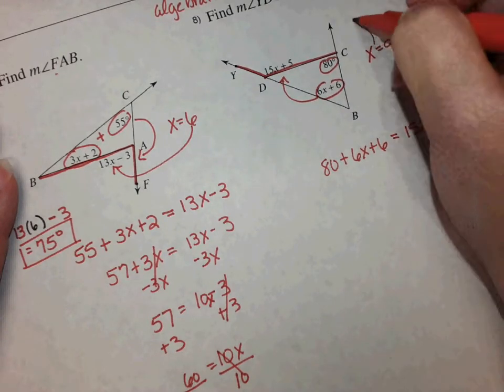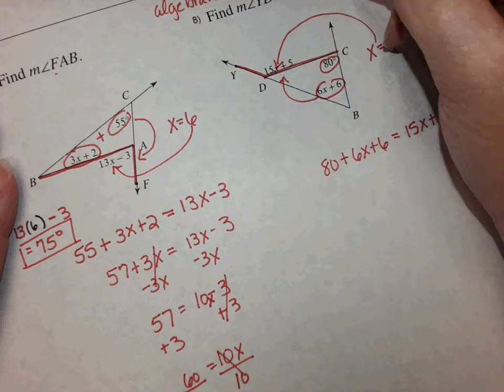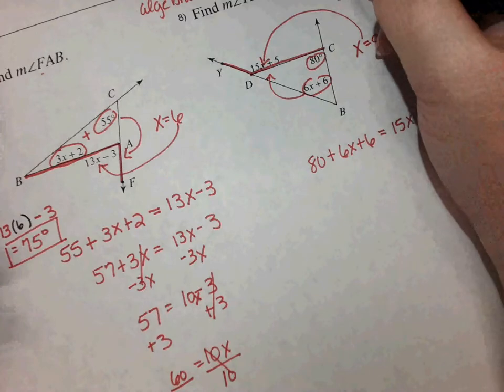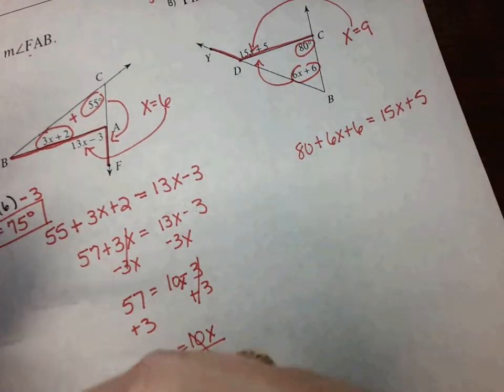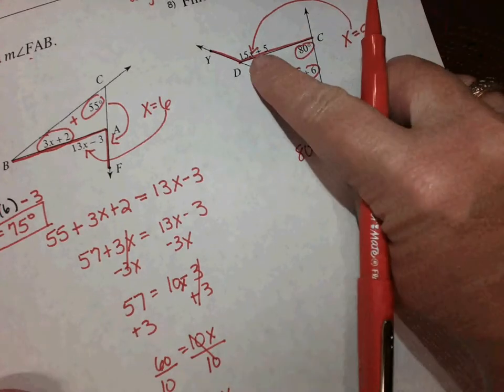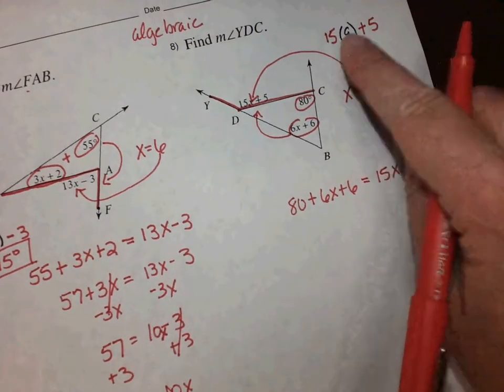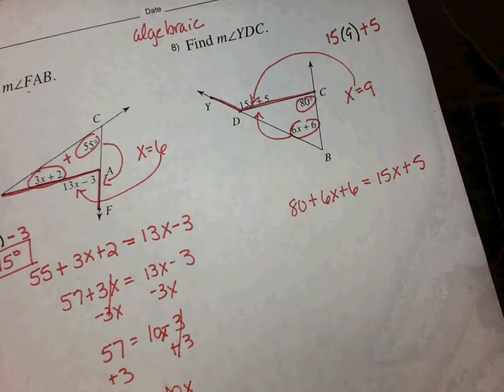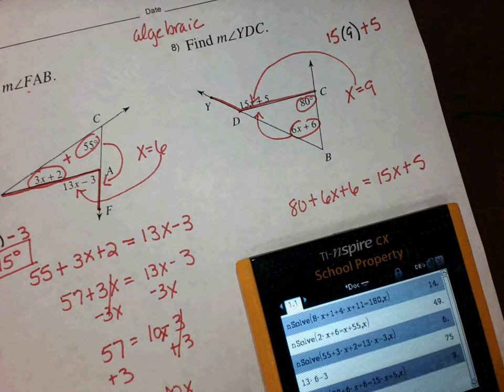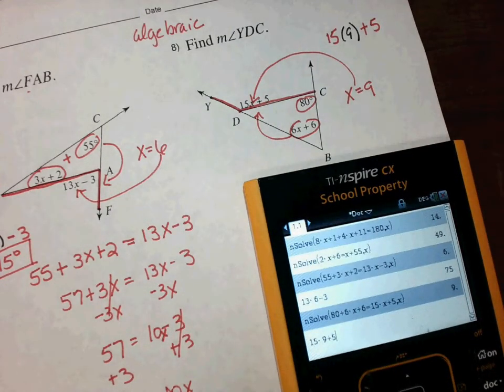If I plug that in right there, that is 15 times 9 plus 5. I replace the x with 9. 15 times 9 plus 5.